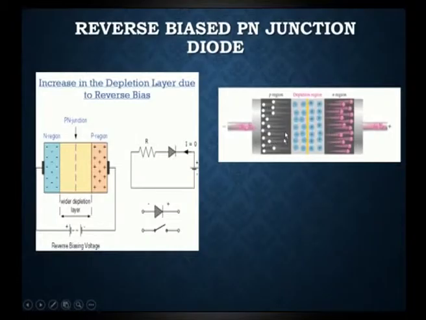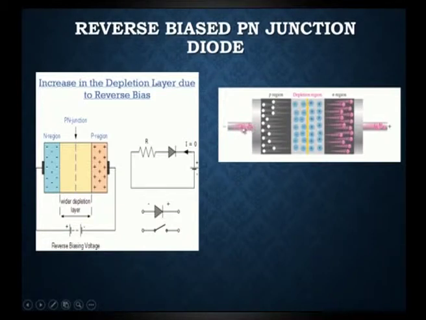The electron and hole motions when we connect in reverse bias mode can be observed here with the help of a picture. This is the depletion region where we can find the positive donor atoms in the N region and negative acceptor atoms in the P region. This is the depletion layer, and when the positive terminal is connected to the N region and the negative terminal is connected to the P region, a few electrons that may be present in the P region will move away, because like poles repel each other.